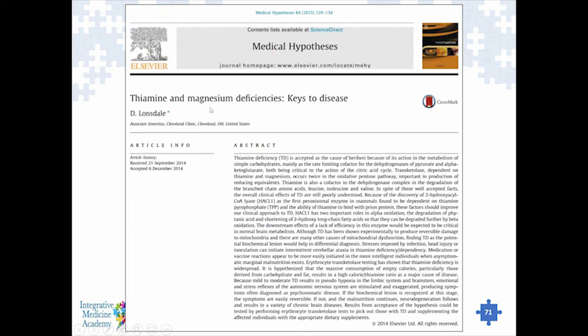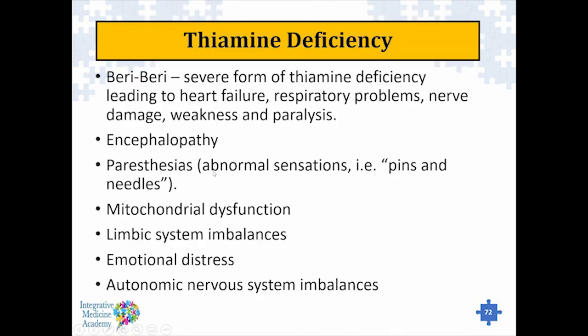Dr. Lonsdale is a metabolic biochemist who's written a lot about thiamine deficiencies. And if you remember back to medical training, beriberi is this very severe form of thiamine deficiency. It can lead to cardiovascular collapse, respiratory problems, nerve damage, weakness, paralysis, all brought on by a deficiency of thiamine.